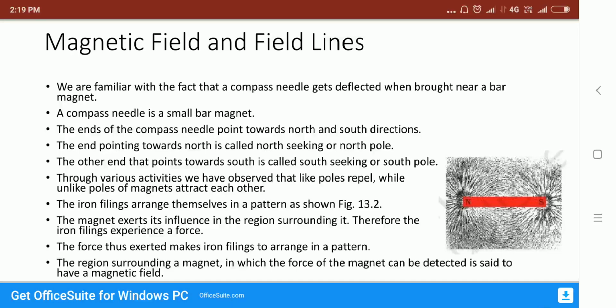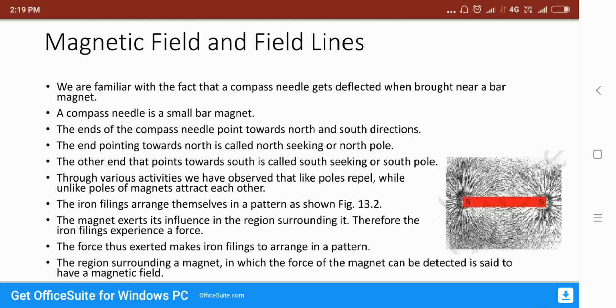As we know, if we have two bar magnets, when two like poles are nearby each other, repulsion force exists, and if opposite poles are nearby each other, then attraction force is present. If like poles repel, then why does the needle's north pole point towards the north pole of the bar magnet?